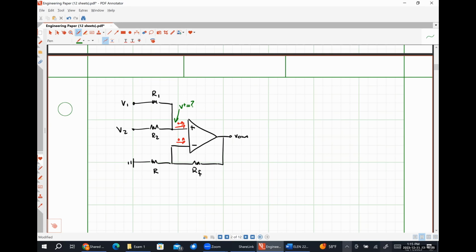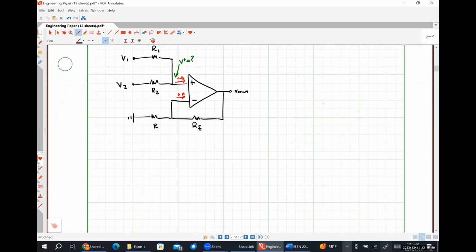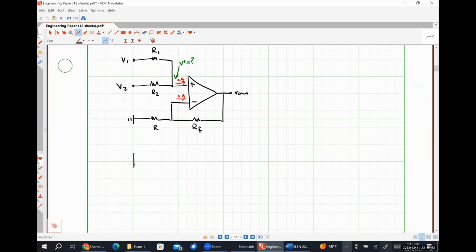So in order to figure it out, I'm going to literally disconnect that portion of the circuit and find a Thevenin equivalent of it. So here's my voltage V1 in series with my resistor R1. Here's my resistor R2 in series with my voltage V2.